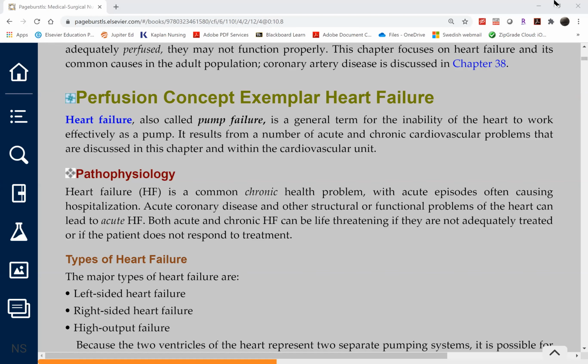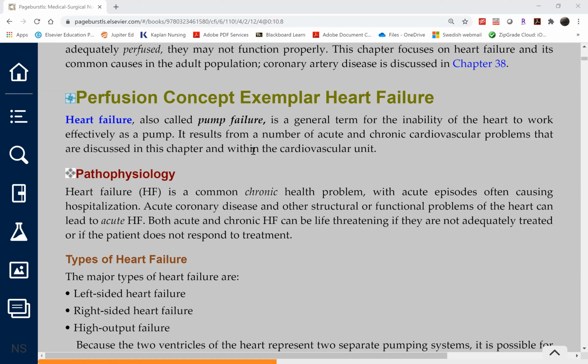Okay. What is heart failure? Heart failure, also called pump failure, is a general term for inability of the heart to work effectively as a pump. It results from a number of acute and chronic cardiovascular problems that are discussed in this chapter and within the cardiovascular unit. All right.